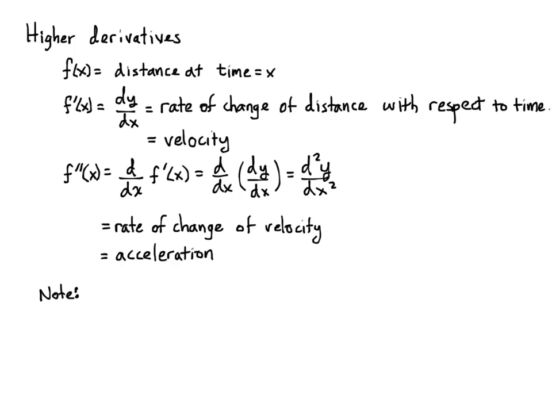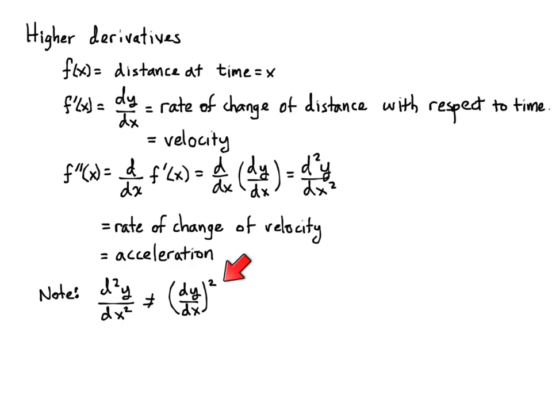In other scenarios we can have more derivatives. The thing to notice about this notation, where we have d squared y over dx squared, is that it's not the same thing as taking the square of a derivative.